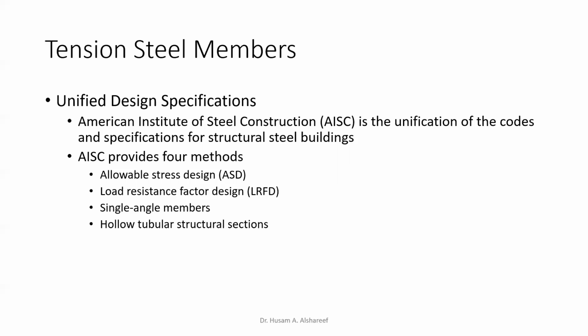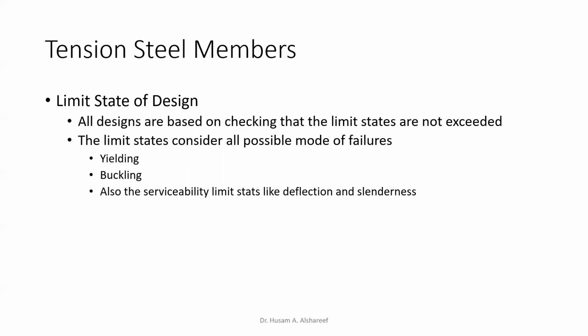The second is load and resistance factor design, which is LRFD. The third is single angle members, and the fourth is hollow tubular structure sections. What we typically use are the first two, ASD and LRFD, and we design according to those.